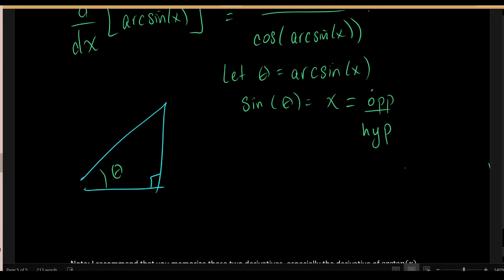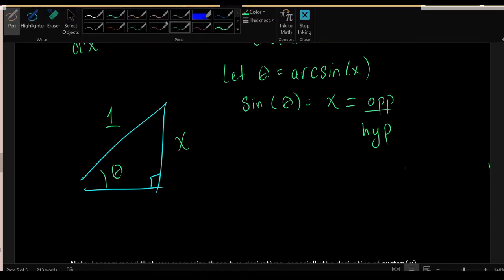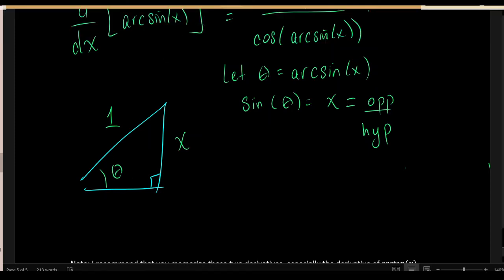This time I'm dealing with opposite over hypotenuse, so I'm going to try an opposite of x and a hypotenuse of 1. That way, when I calculate sine of theta in the triangle, opposite over hypotenuse is x over 1, which is indeed equal to x.